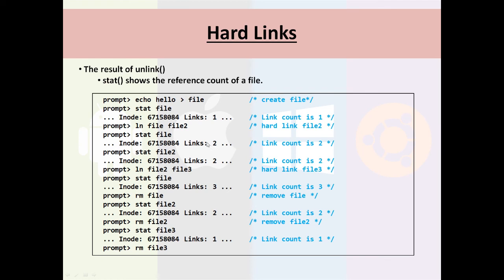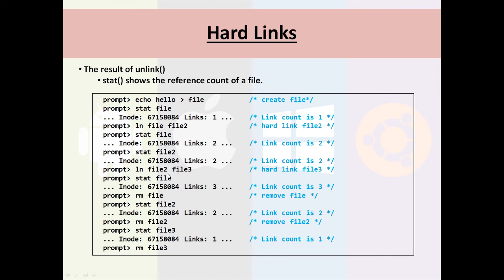So in this example, we create 3 links to the same file and then delete them. And you can see the link counts change over time. So here we just store hello in file, and then we say stat file, and we see, oh, okay, there's only 1 link. We then link another file, there's 2 links. We also display the inode number, we can see 2 links.